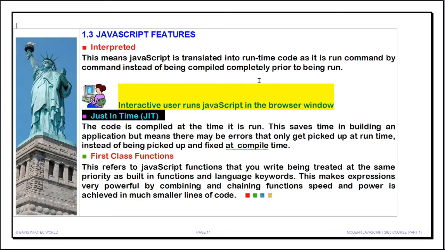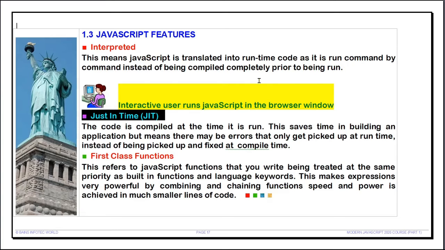This saves time in building an application. It means there may be errors that only get picked up at runtime instead of being picked up and fixed at compile time. The compilation process, for example in C++ or Java, will pick up a lot of errors in the source code of your program, and you can correct those before the program is actually run live.